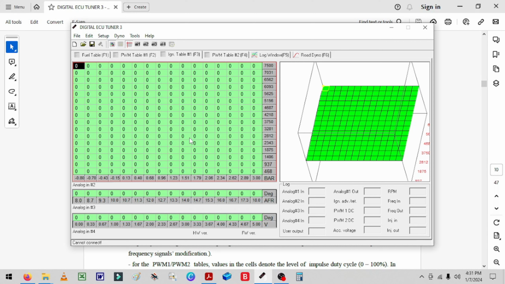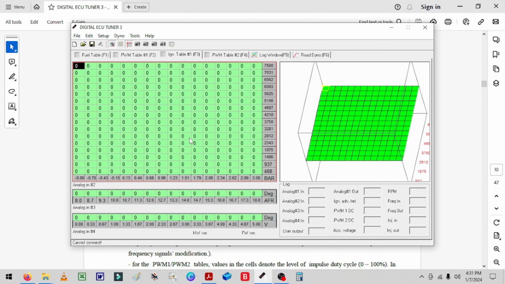So let's say you advance it 10 degrees above what it should be normally. You're going to get your timing light and adjust it 10 degrees advanced. Then when you install your DET3, you would go into it and pull out that 10 degrees.